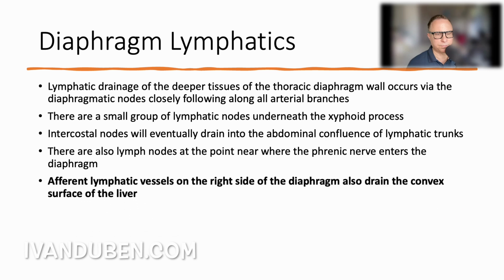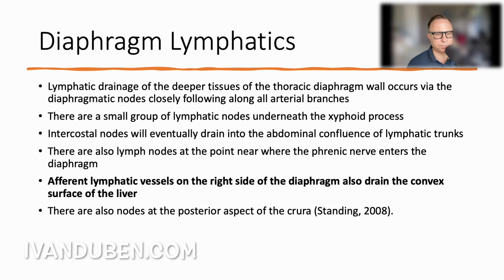Afferent lymphatic vessels on the right side of the diaphragm also drain the convex surface of the liver. There's that connection again, and that of course connects to the right shoulder. There are also nodes at the posterior aspect of the crura.